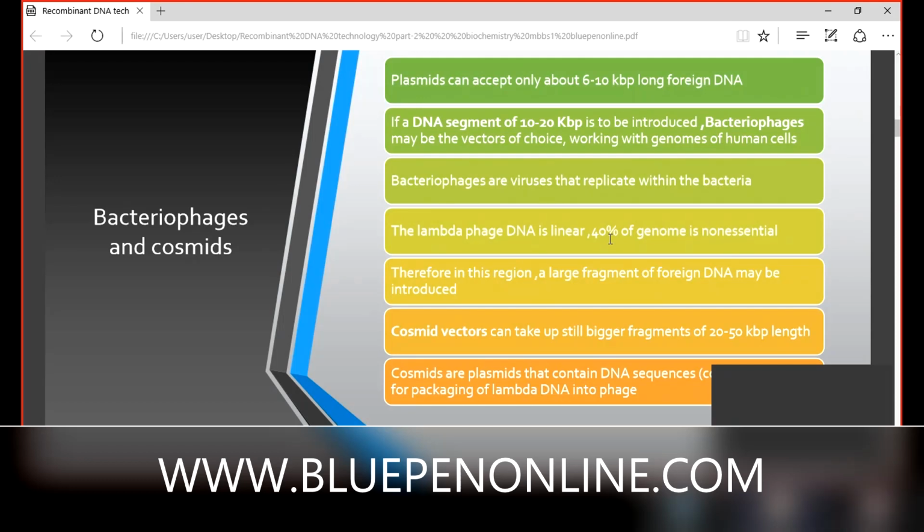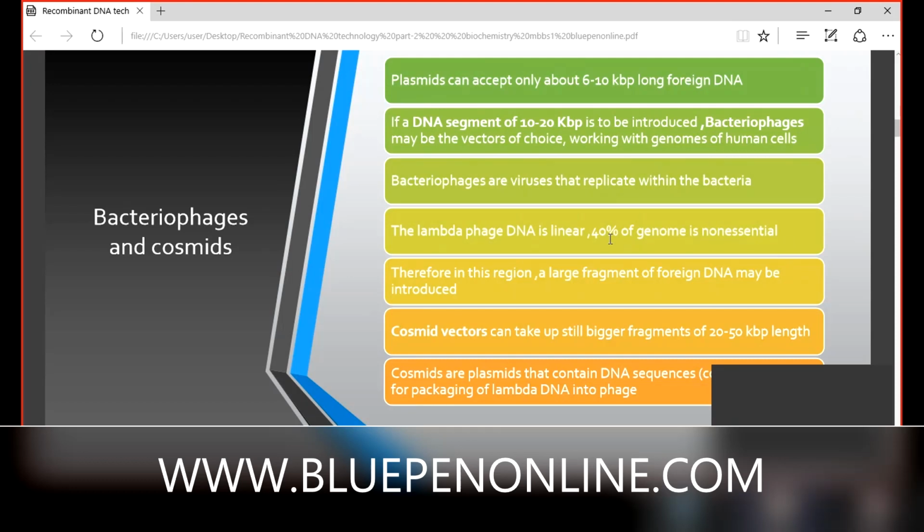What is a bacteriophage? Define bacteriophage. Bacteriophages are viruses that replicate within the bacteria. What are plasmids? Plasmids act as vectors.